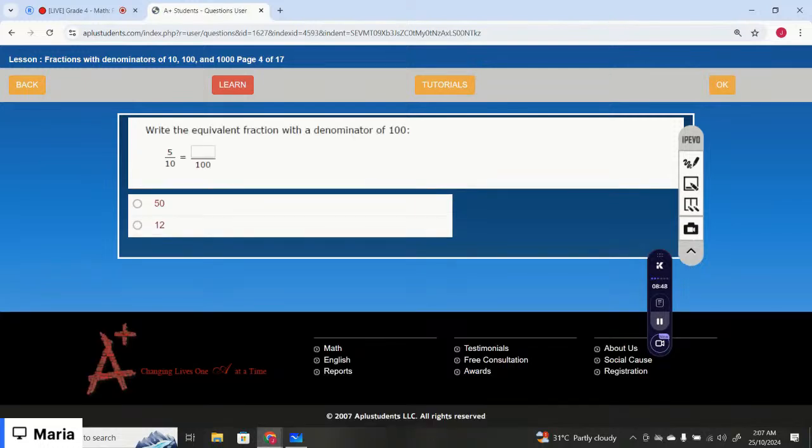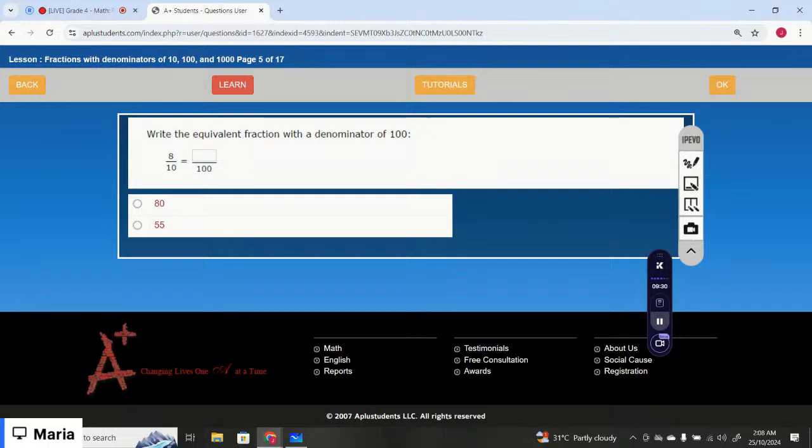Write the equivalent fraction with a denominator of 100. 5 by 10 equals the missing number divided by 100. So which is the correct option? 5 times 10. Fifty over 100, right? The correct option is 50. Option number 1 is the correct option.